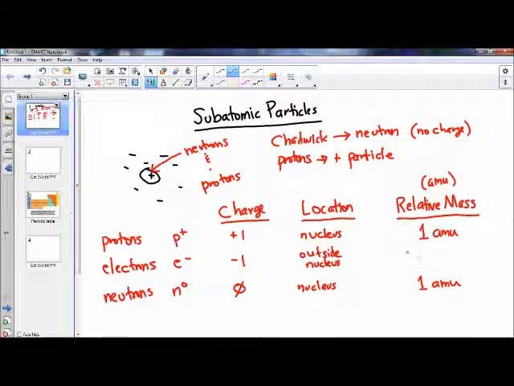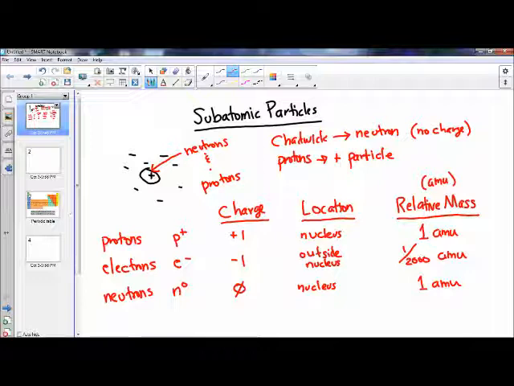Now, how big is an electron? Remember that Thomson said that electrons were incredibly small. Turns out that the mass of an electron is about 2,000 times smaller than either a proton or a neutron. So you would need 2,000 electrons to be the same mass as 1 proton.